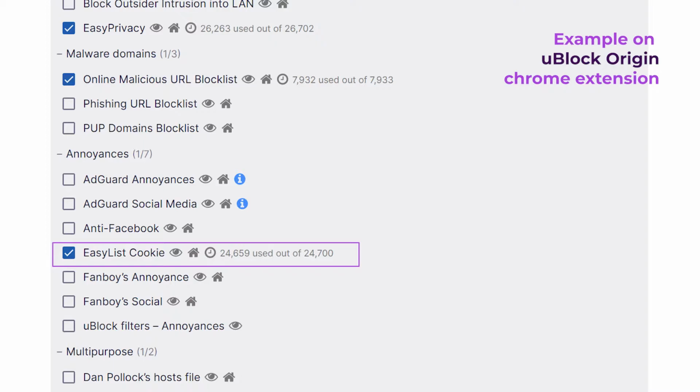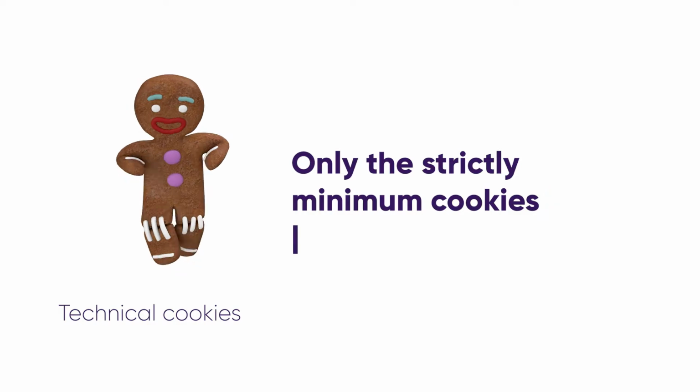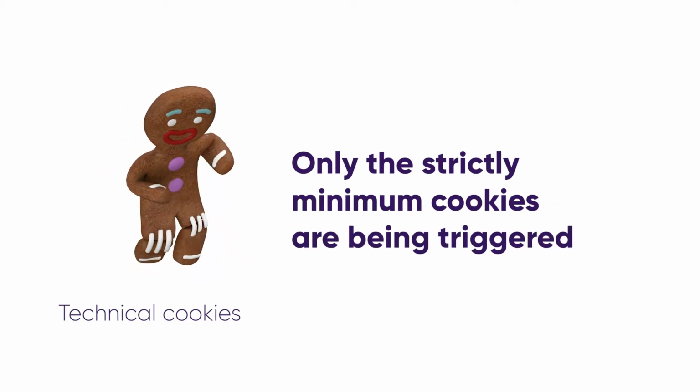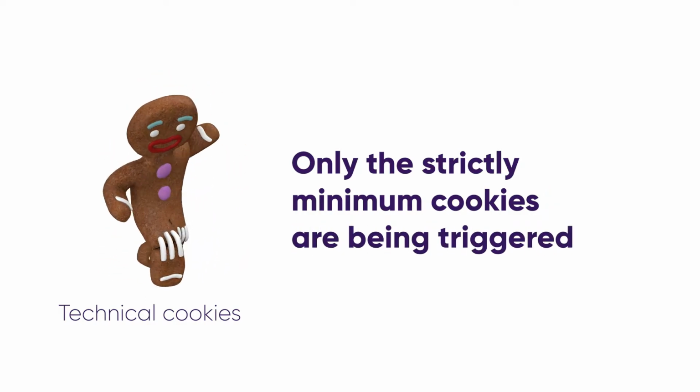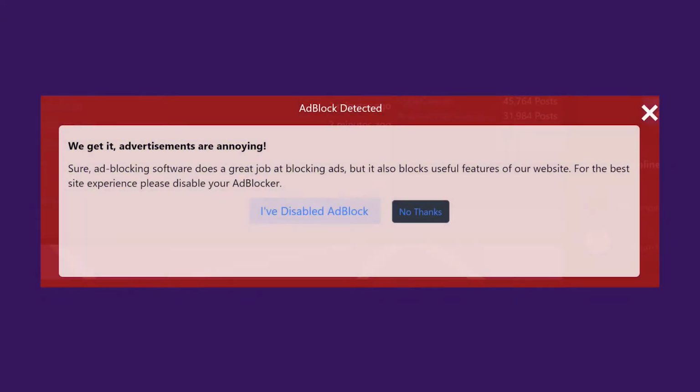And in that situation, only the strictly minimum cookies that are used to make your website work will be triggered, and that's it. So one solution that you can use is first to use an ad blocker detector and display a message to those using an ad blocker to invite them not to use this plugin anymore on your website.